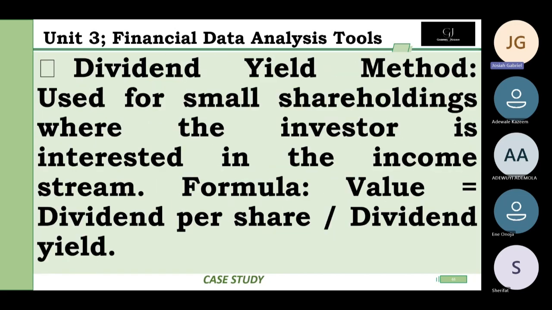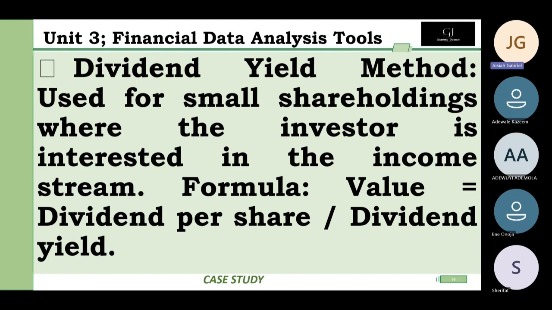We also have the dividend yield method. It's used for small shareholdings where the investor is interested in the income stream only. The formula is the value, equal to the dividends per share divided by the dividend yield. The dividend per share is calculated as the total dividend declared divided by the number of ordinary shares out there with shareholders.